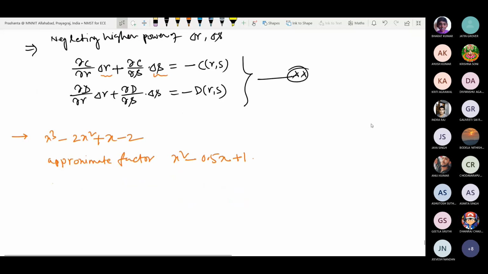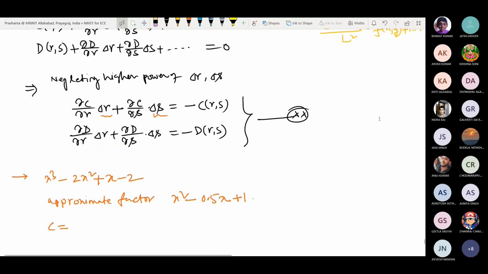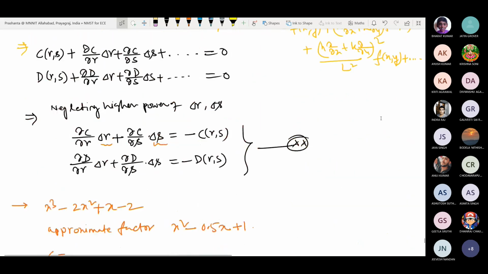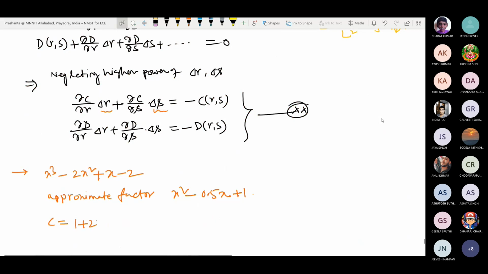Because we have to solve these two equations, we'll have to find del C by del R, del C by del S, del D by del R, del D by del S. So what was C? Let me write it down one more time. C was 1 plus 2r plus r square minus s. And what was D? Minus 2 plus 2s plus rs.